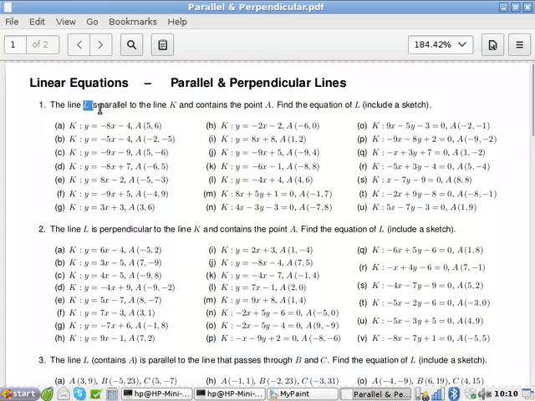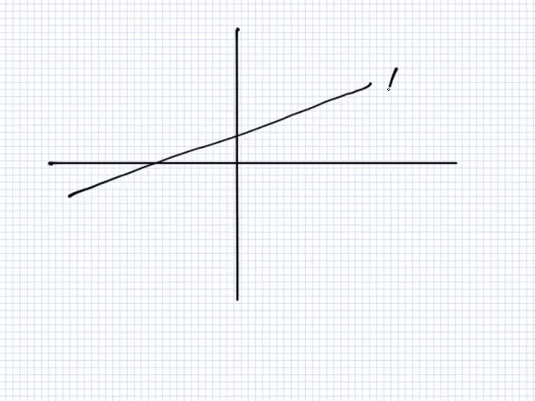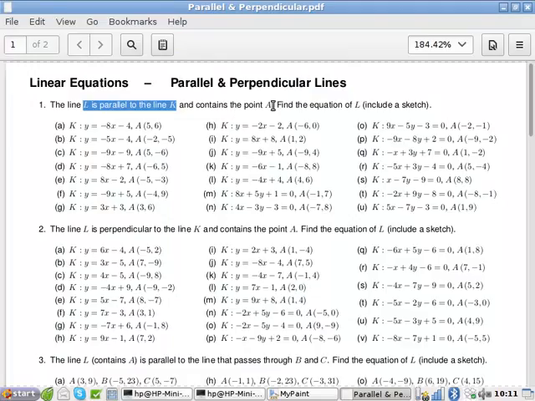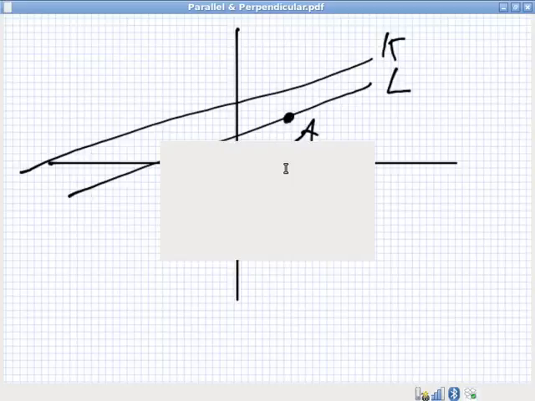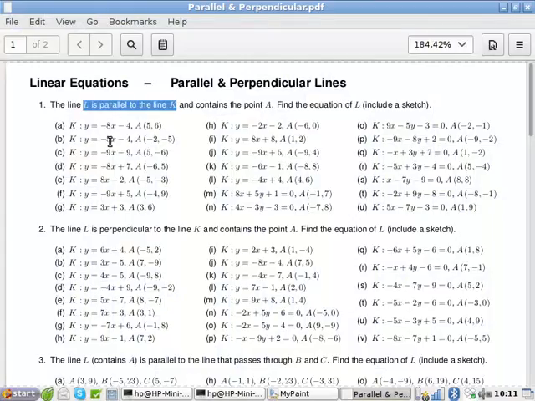The line L is parallel to the line K and contains point A. And I tell you that K is y equals minus 8x minus 4.